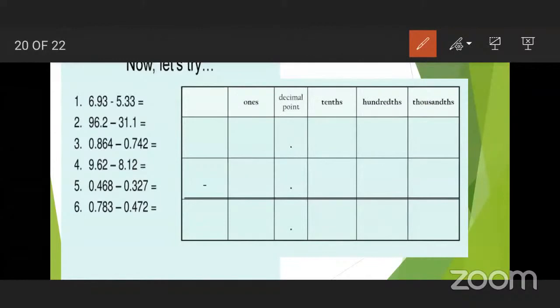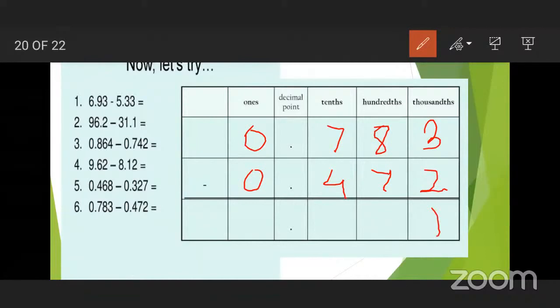Now the last one. Read the sixth one. 0.783 minus 0.472. 3 minus 2 is 1. 8 minus 7 is 1. 7 minus 4 is 3. 0 minus 0 is 0.